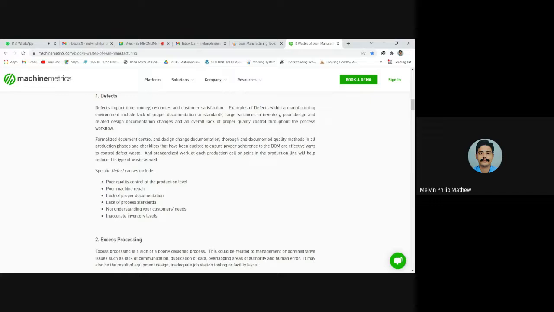Some of the defects within a manufacturing environment include lack of proper documentation of standards. I have already told you about standardization. If we are not following the standard procedure for the operation, without proper documentation we will never know.